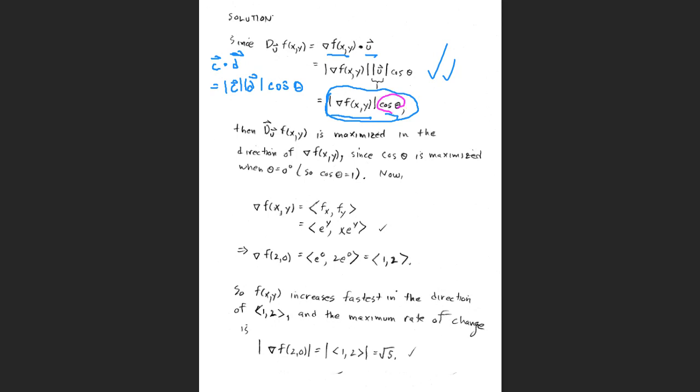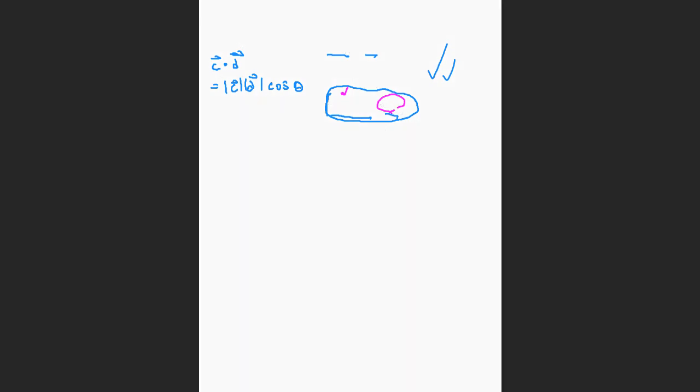The gradient vector is already computed, so it doesn't depend on the unit vector at all, right? But the cosine of theta varies based on theta, and it's maximized when theta is 0 degrees.